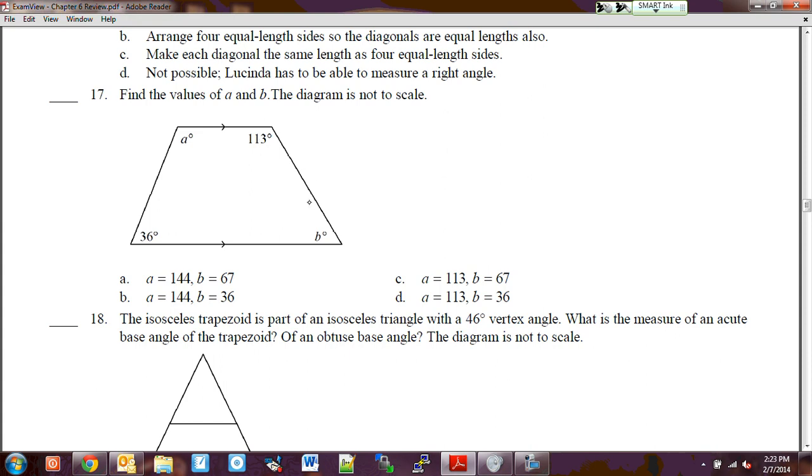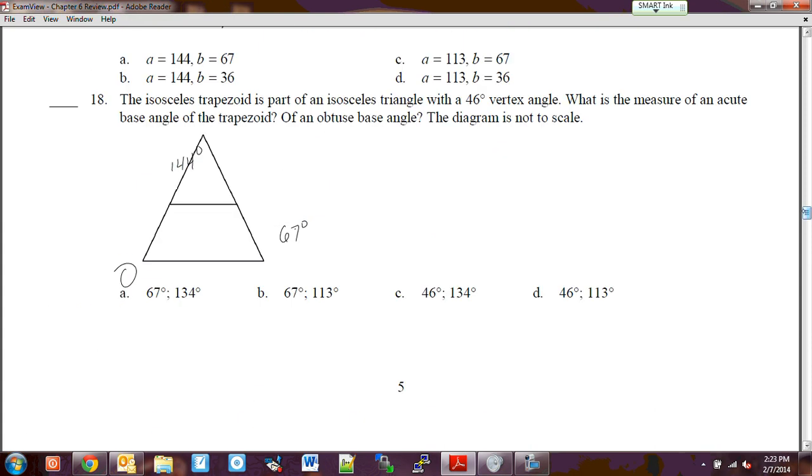So 113 plus B equals 180. So just 180 minus 113. So B is 67 degrees. And do the same thing over here. Just do 180 minus 36. A is 144 degrees. 144, 67. Boom. 17 is A.